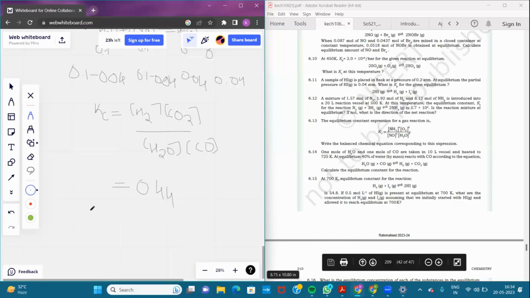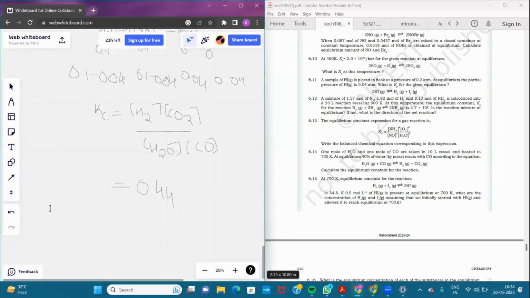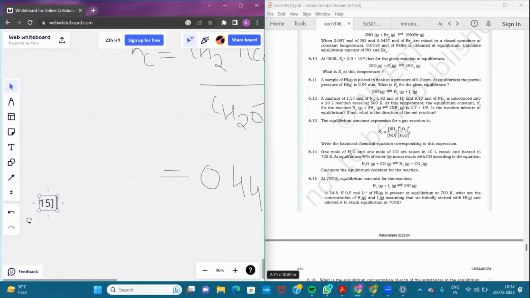Basically, according to this equation we started backwards, from HI, H2 plus I2 gives rise to 2HI.